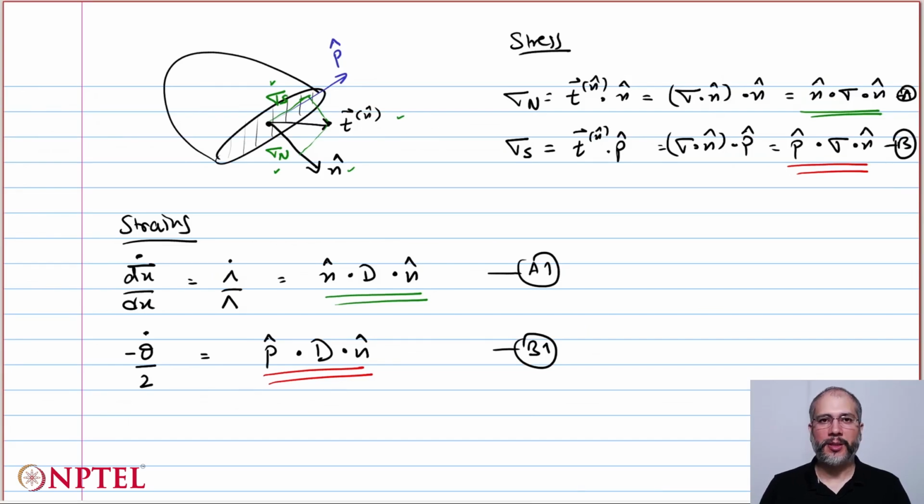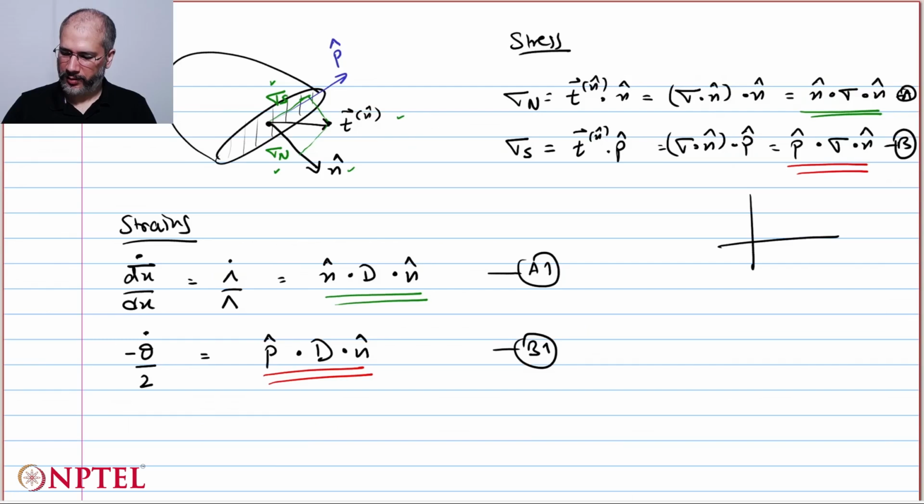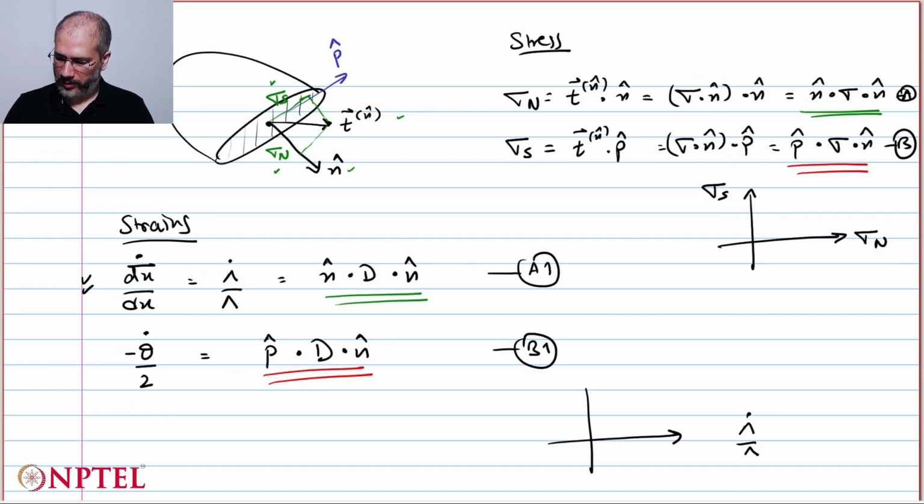And in the Mohr circle for the stresses, in the stress plane, our abscissa was sigma n and the ordinate was sigma s. So by that same logic, in our strain plane, our abscissa will be the quantity lambda dot upon lambda, and the ordinate will be the quantity minus theta dot upon 2.